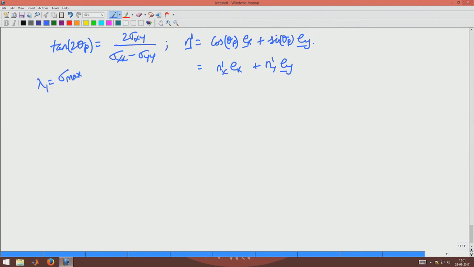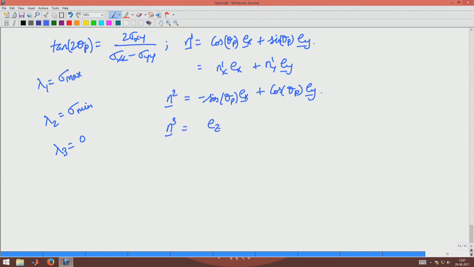Similarly, if I substitute lambda 2 to be sigma min, I will get the n2 vector, which is minus sin theta p Ex plus cos theta p Ey. If I substitute lambda 3 equal to 0 and solve, I will get n3 as the Ez vector. So, these are the principal directions for the plane state of stress.